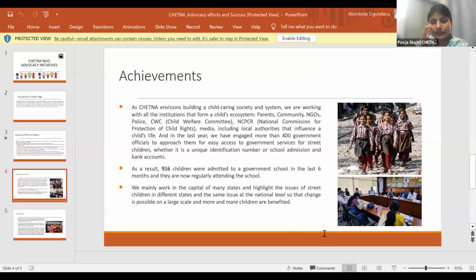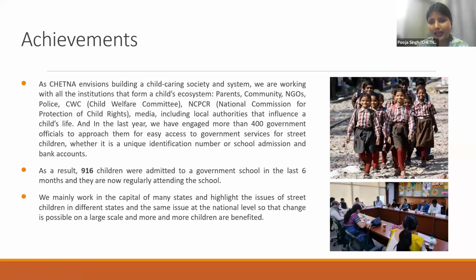Currently we are working dedicatedly on unique identification number enrollment, which is a kind of identity proof in India. It's called Aadhaar, or unique identification number. We are working with the government to mainstream the guidelines for children, especially those living on the streets, because there are only general guidelines.